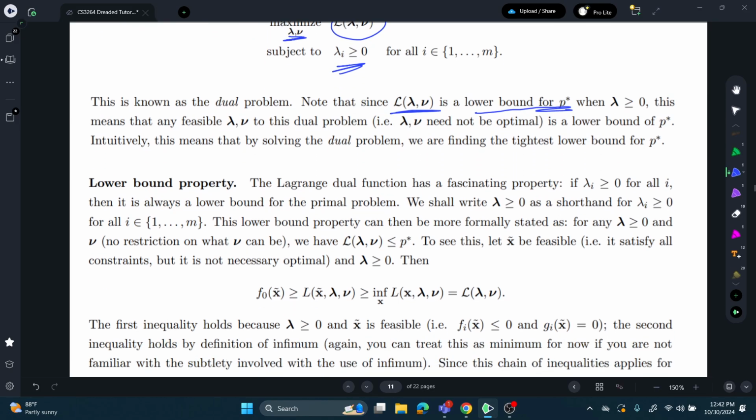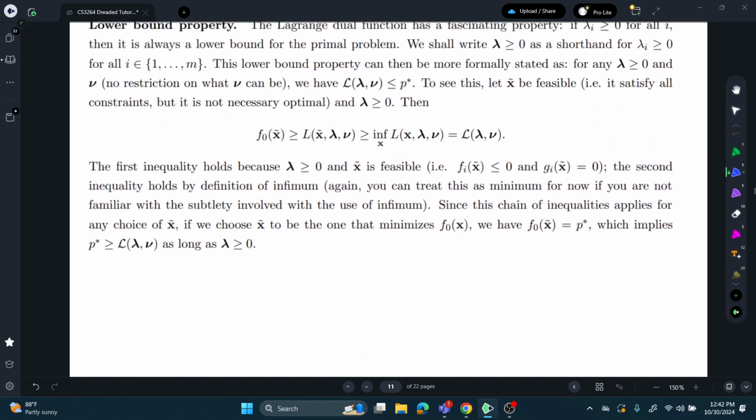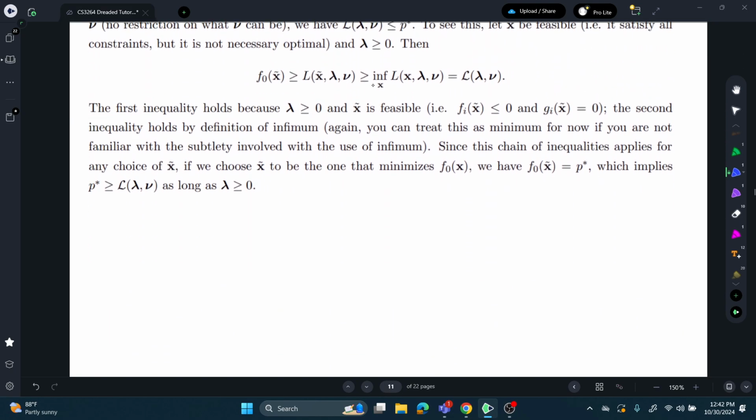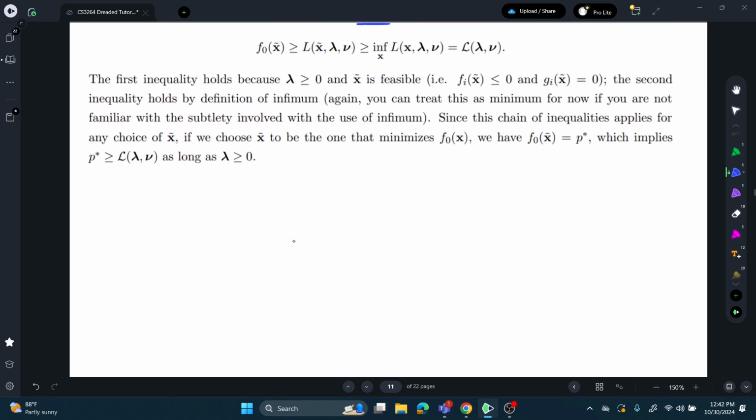Okay, so for it to be an actual bound, I want every single lambda to be greater than or equal to 0. So why is this so? I can show very quickly here. Essentially, at the start, you will notice that we have this thing. This is our lambda i fi of x, plus this is our nu i, and then gi of x.